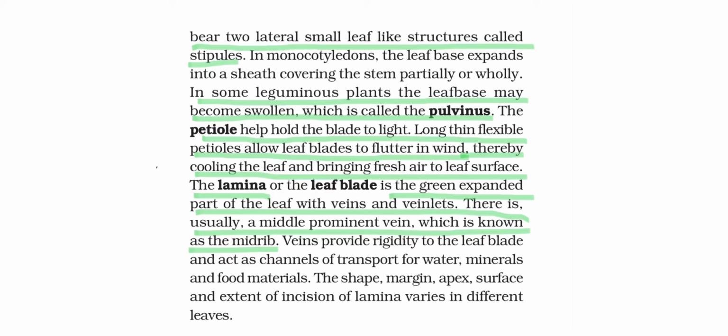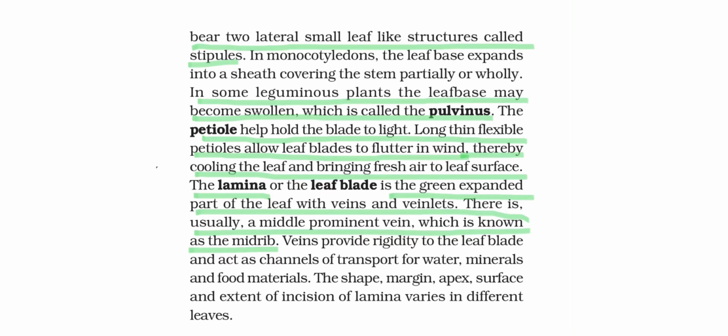In monocotyledons, the leaf base expands into a sheath covering the stem partially or sometimes wholly. The best example is the corn or maize plant. Even in some other plants like leguminous plants, the leaf base may become swollen, which is called pulvinus. So these are the special examples you have to remember.